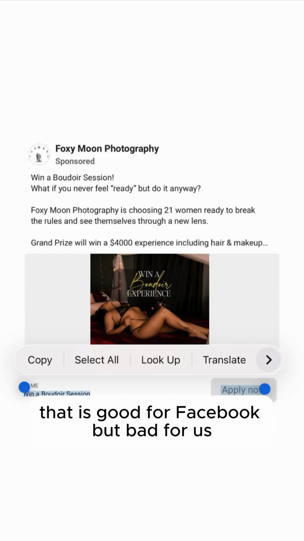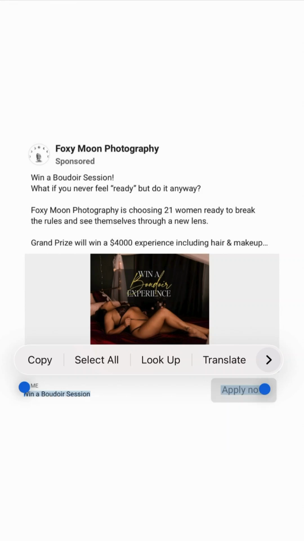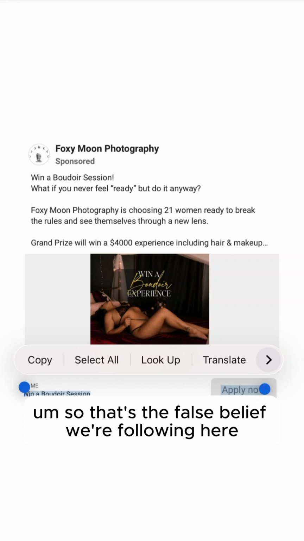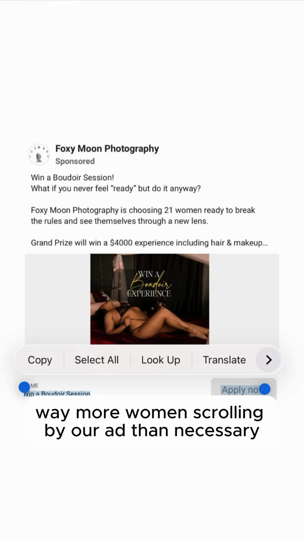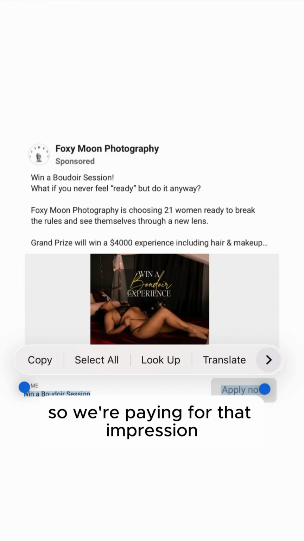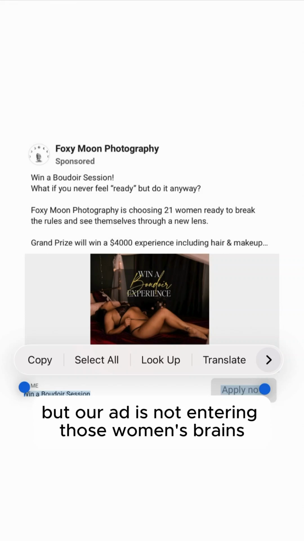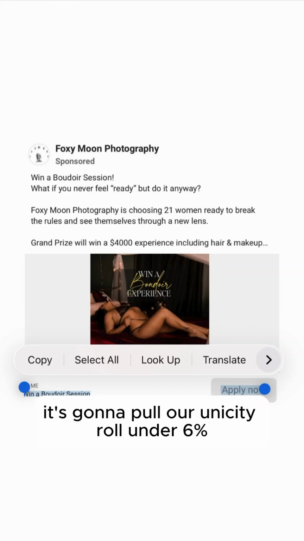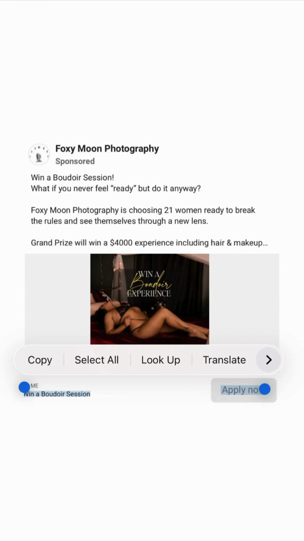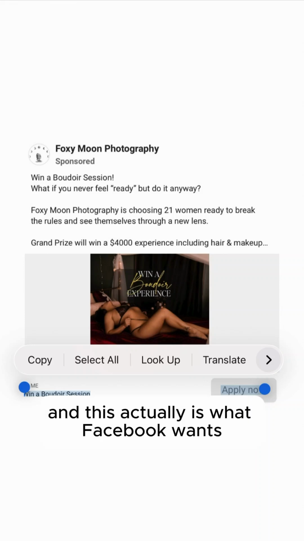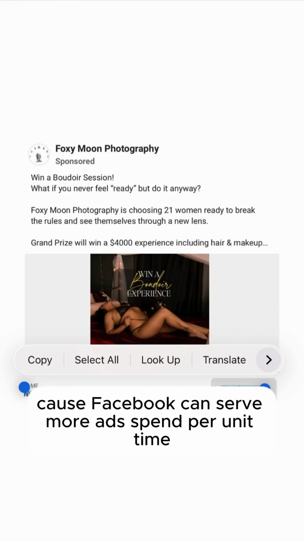That is good for Facebook, but bad for us. So it's the false belief we're following here. And the consequence of this: way more women scrolling by our ad than necessary. So we're paying for that impression, but our ad is not entering those women's brains. It's going to pull our unique CTR under 6%, higher chance of causing BLCS. And this actually is what Facebook wants because Facebook can serve more ad spend per unit time.